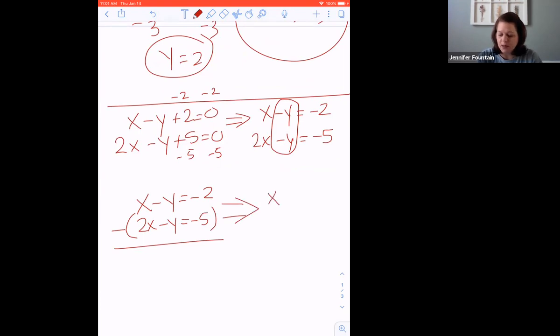So I keep my first equation, x minus y equals negative 2, but now I'm going to add the opposite of every term. So now my positive 2x becomes negative 2x, my negative y becomes positive y, and my negative 5 becomes a positive 5.